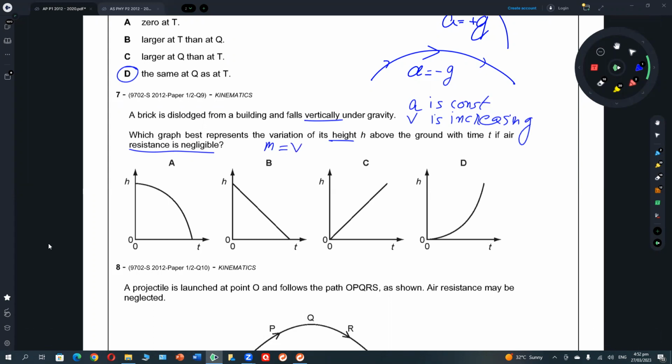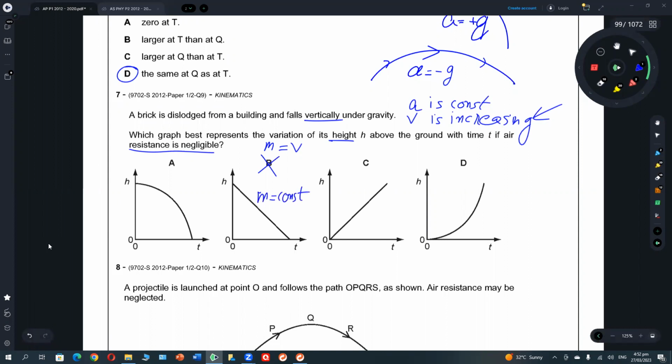M is equal to V. And we have said that velocity is increasing. So now, which graph shows that velocity is increasing? Gradient is increasing. First of all, I'm neglecting B. Why am I neglecting B? It's a decreasing gradient. No, it's a constant gradient, a straight line.